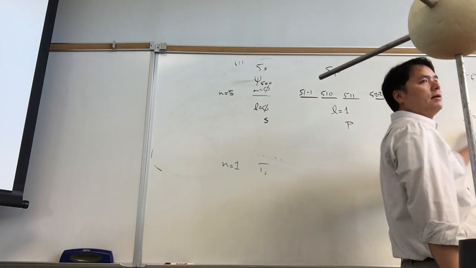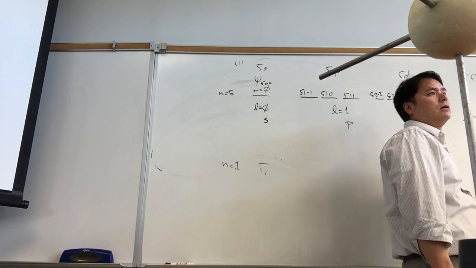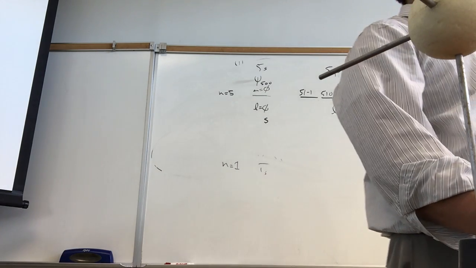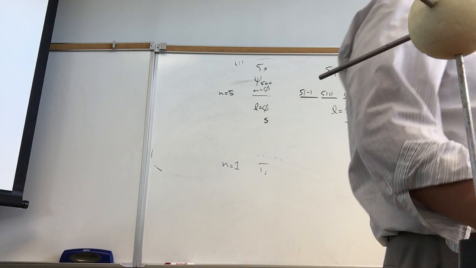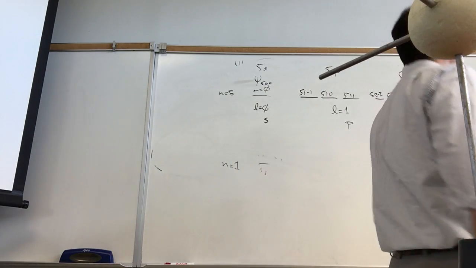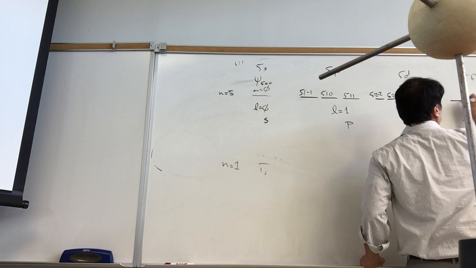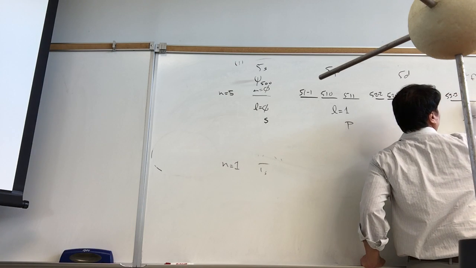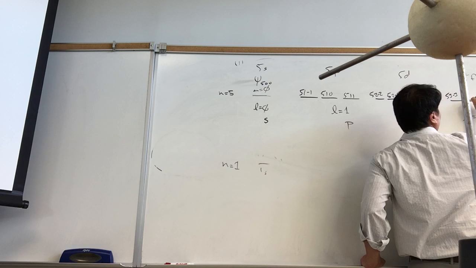When L equals 3, how many orbitals do I have? Well, there are two ways to determine. You could use the mathematical equation 2L plus 1, or you could just figure it out. It goes from minus 3 to plus 3. We'll figure it out the second way. So if it goes from minus 3 to plus 3, then it's going to be 5, 3, minus 3. And then, try to save room here. 5, 3, minus 2.